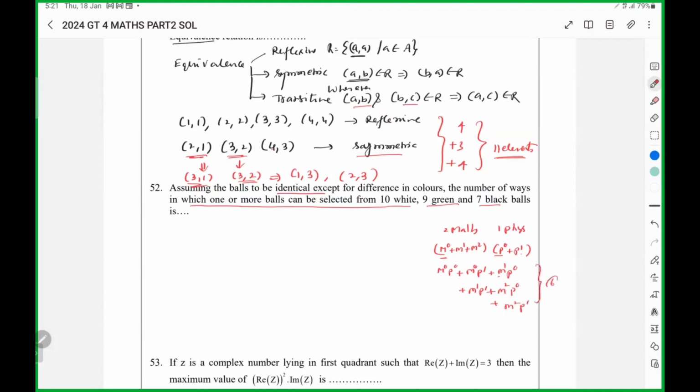Totally 6 possibilities are there. Out of this, in this case, you are not selecting any book. 2 maths means 3 possibilities. 10 white balls, 11 possibilities. 9 green, 7 black, but not selecting white, green, black, that you have to remove.